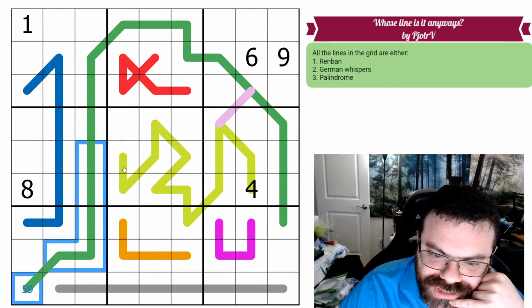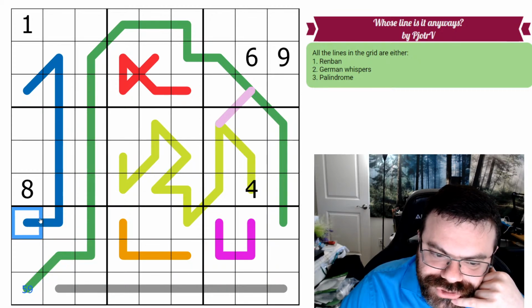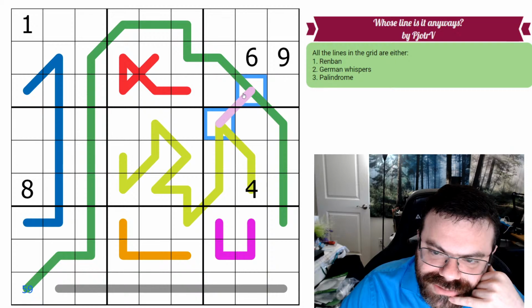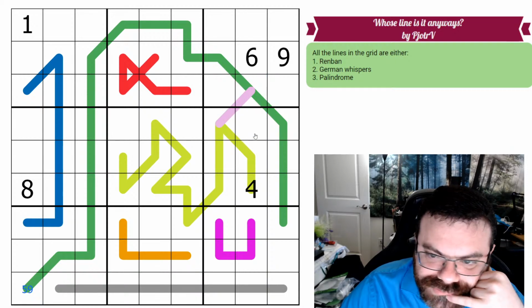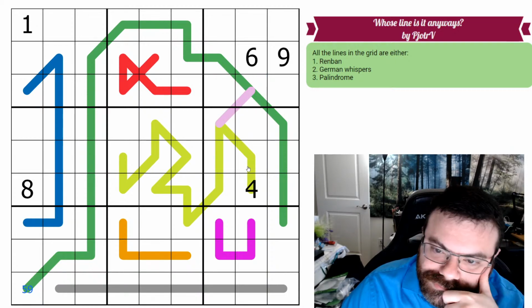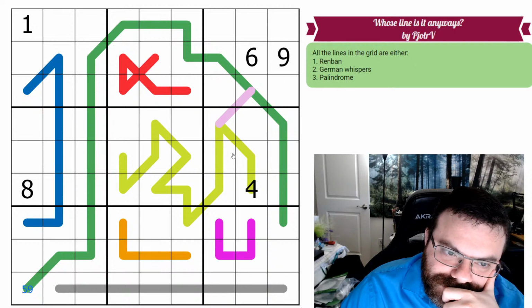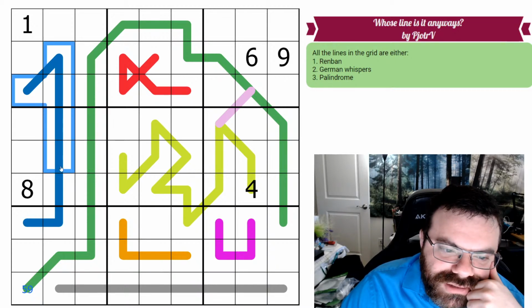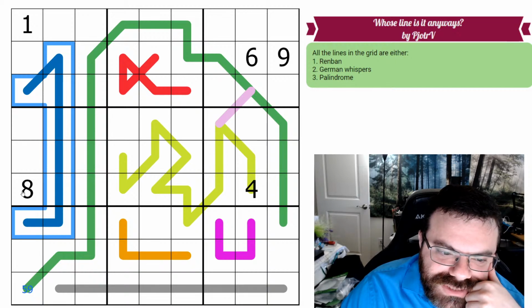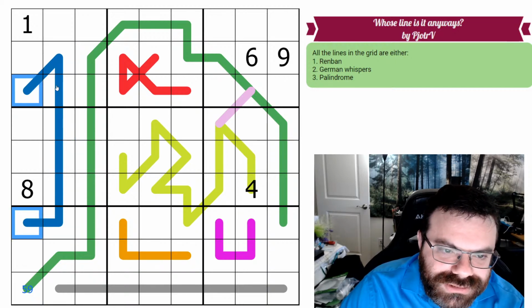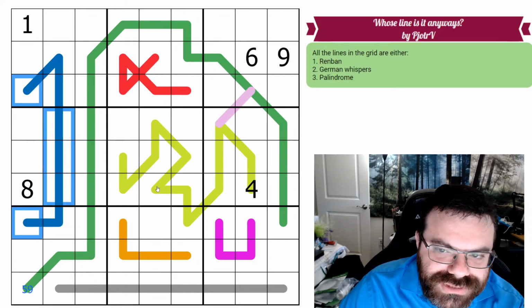Gray, green, lime, purple, orange, blue, and red, and pink, I guess. I'm wondering about 8 on here, if that makes a difference, because 8 is seeing all of these.